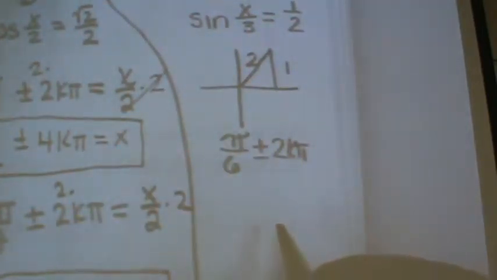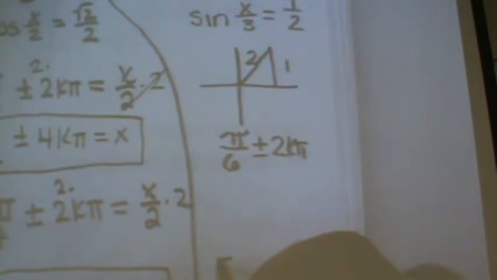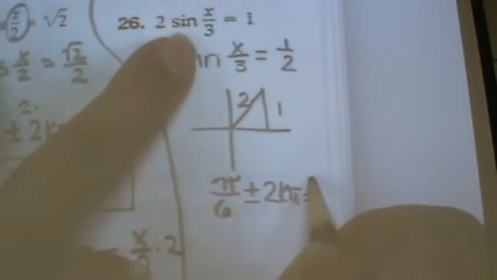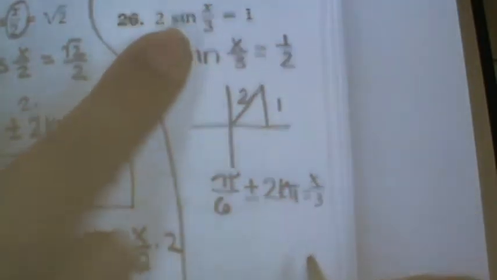And what other answer? What do I set these equal to? X over 3. So how do I solve for x over 3? Good. Multiply by 3.